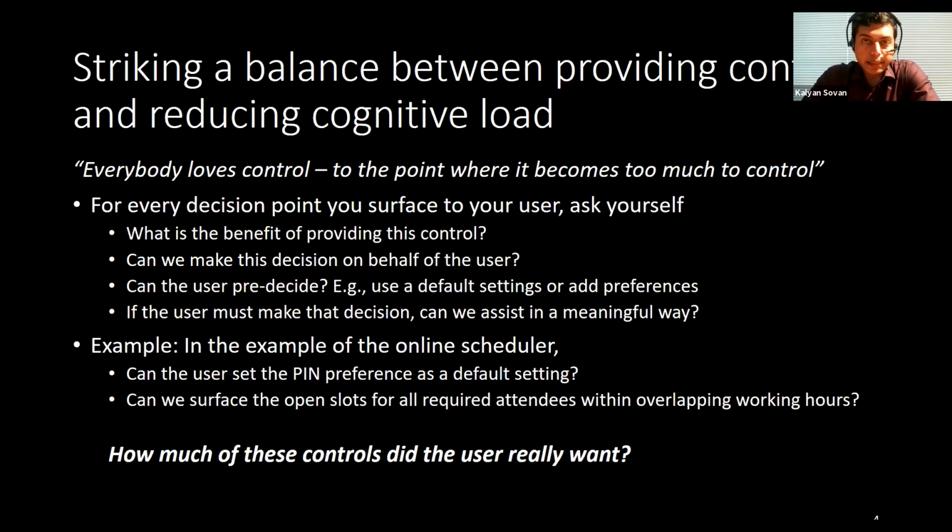And the meaningful way of assisting the user here will be to also account for the working hours for these participants. You do not want to have a participant show up at a time that is way outside of their regular working hours.